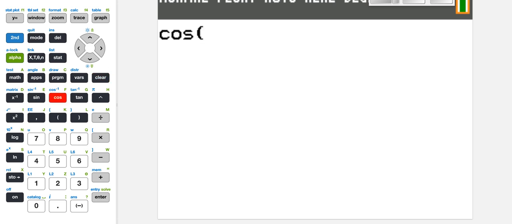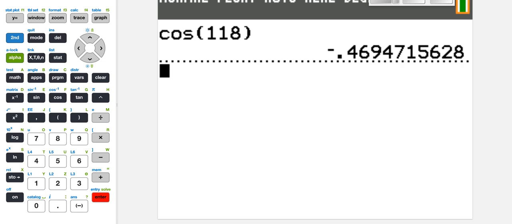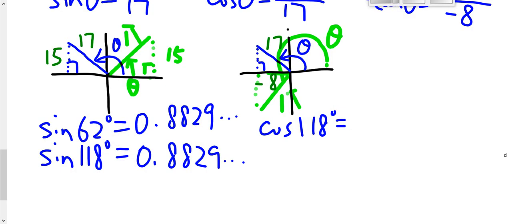Cos 118, enter. That gives you negative 0.469 dot dot dot.